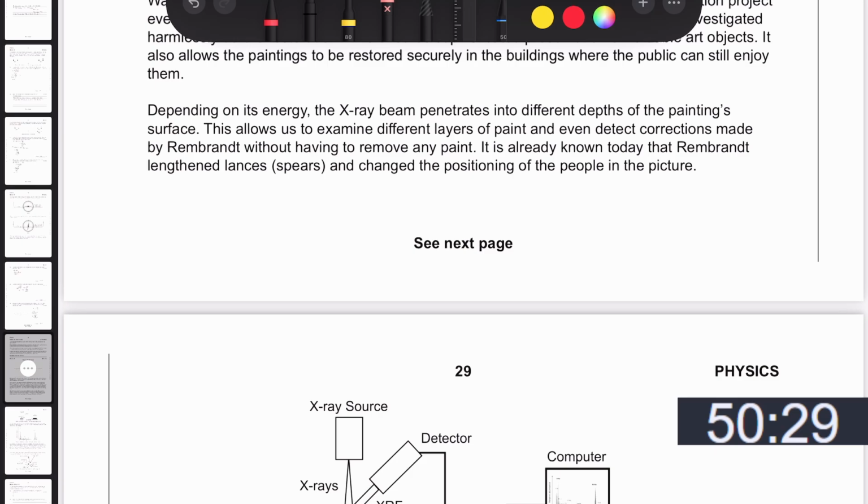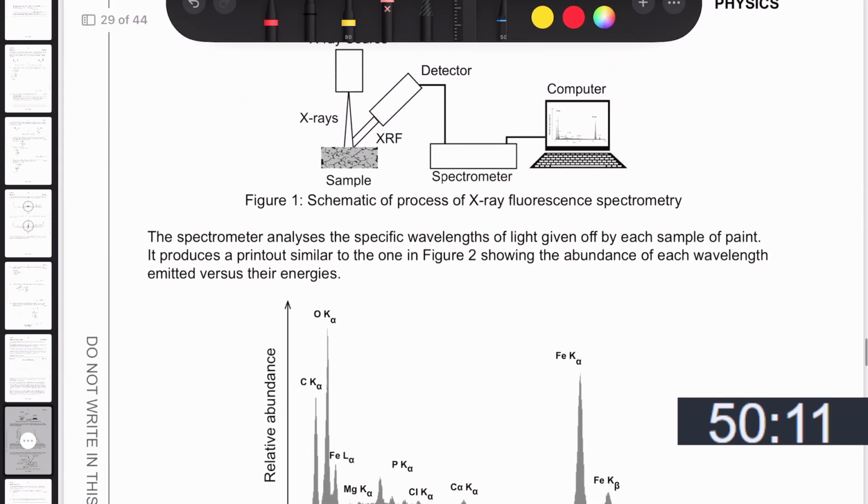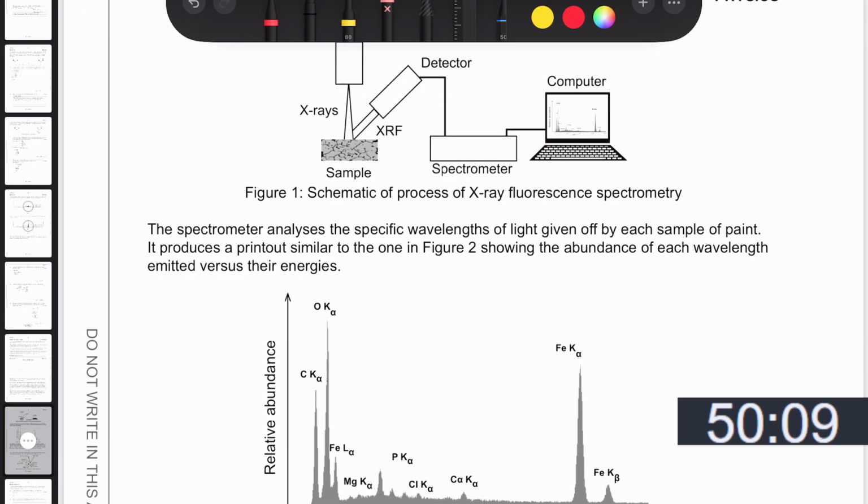Depending on how deep the X-ray beam penetrates the painting surface, it allows examination of different layers of paint. You can detect corrections made by Rembrandt without having to remove any paint. It is already known today that Rembrandt lengthened lances and spears and changed the positioning of people in the picture. The spectrometer analyzes a specific wavelength given by each sample of paint.